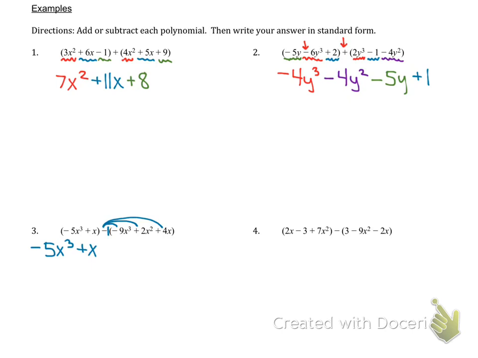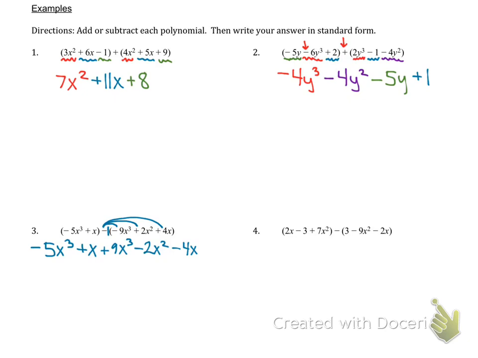So negative 1 times a negative 9 is a positive 9x cubed. Negative 1 times a positive 2 is a negative 2x squared. And lastly, I have a negative 1 times 4, which is a negative 4, and then x.